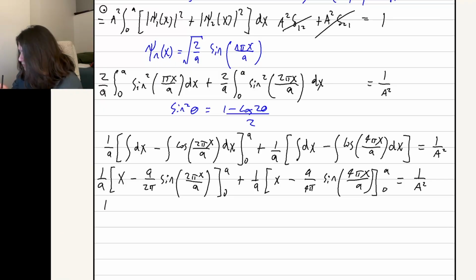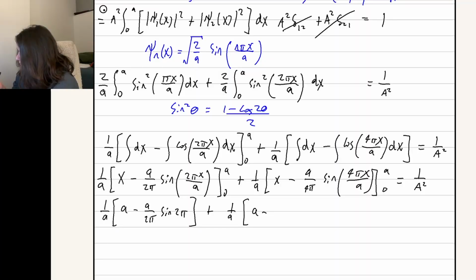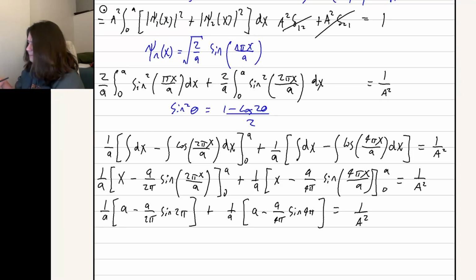And then evaluating at the bounds, we got minus a over 2 pi sine 2 pi, and then 0, and then the sine of 0, which is 0, so that's done. And this is 1 over a minus a over 4 pi sine 4 pi minus 0 plus sine of 0, so again 0. So it's 1 over a squared.